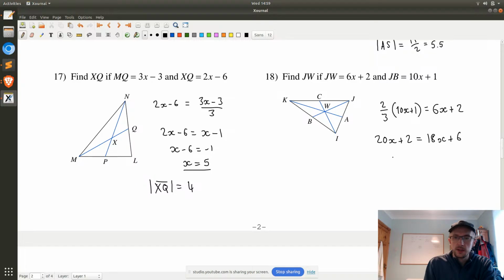I deduct from both sides, so 2x plus 2 is equal to 6, so 2x is equal to 4, so x is equal to 2. But we need to find the length of JW. So 6 times 2 plus 2 is 14. And that's correct.